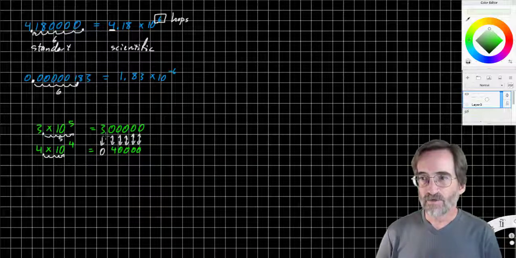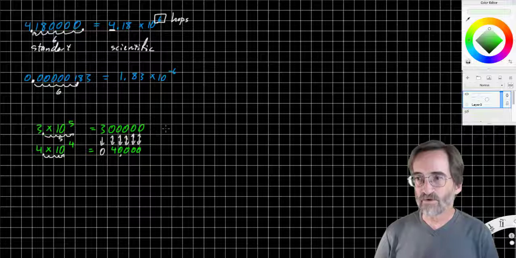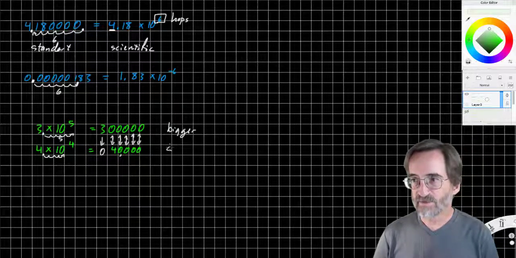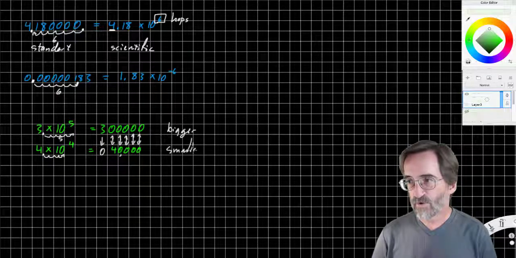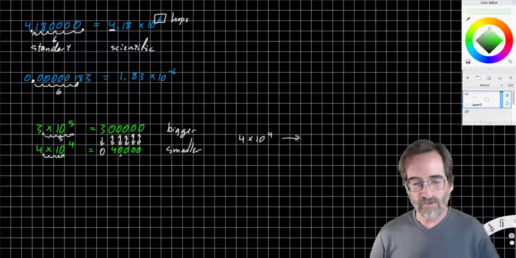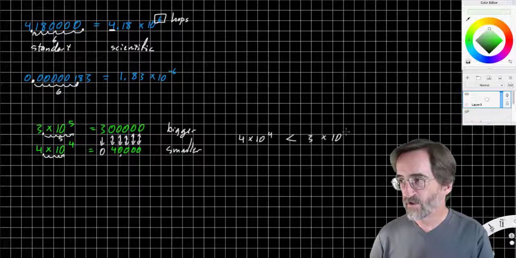So just like 300 is bigger than 40, 300,000 is bigger than 40,000. So this is bigger, and this is smaller. So in order from smallest to biggest, it's 4 times 10 to the 4th, that's smaller, followed by 3 times 10 to the 5th.